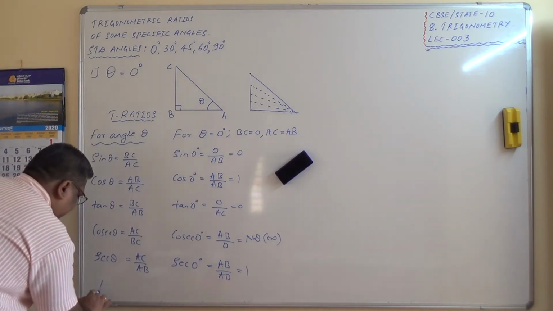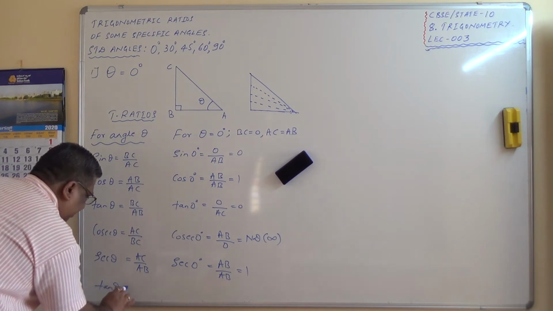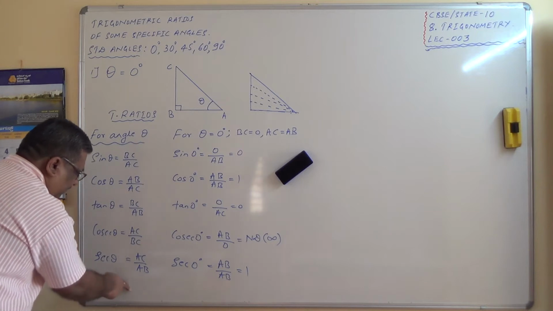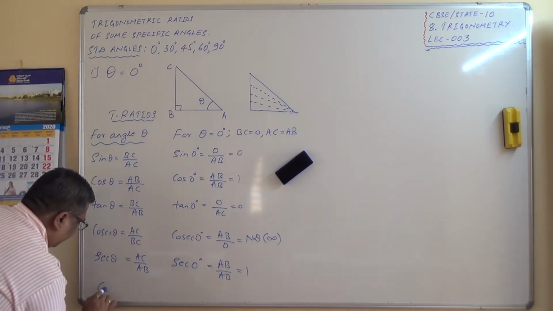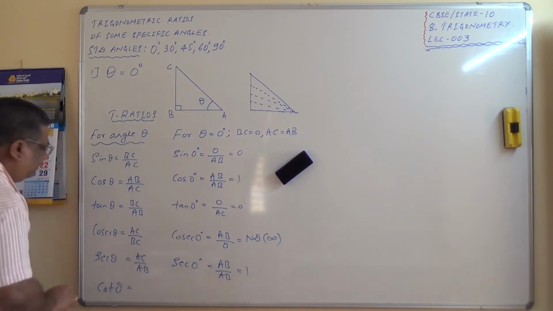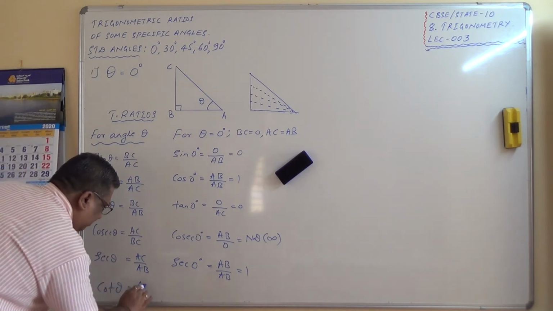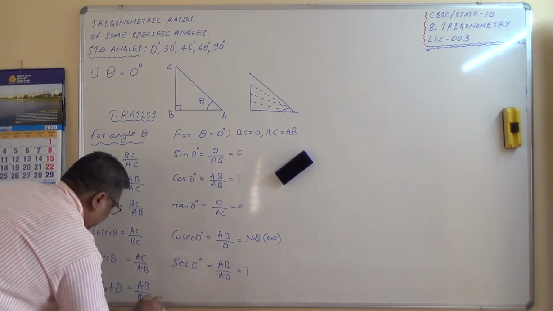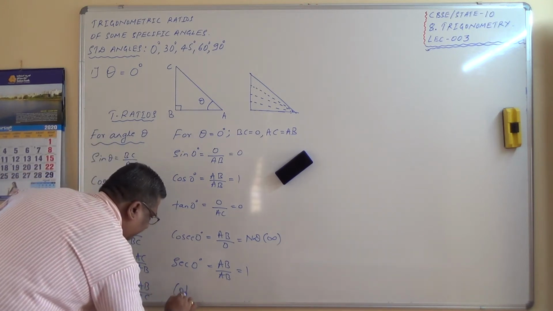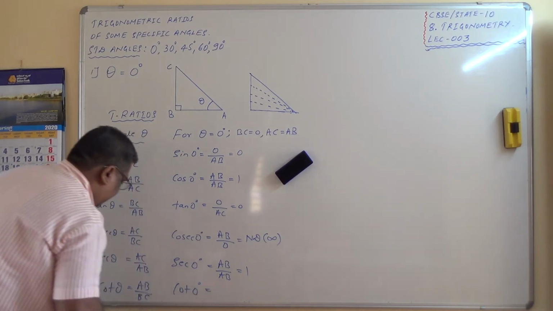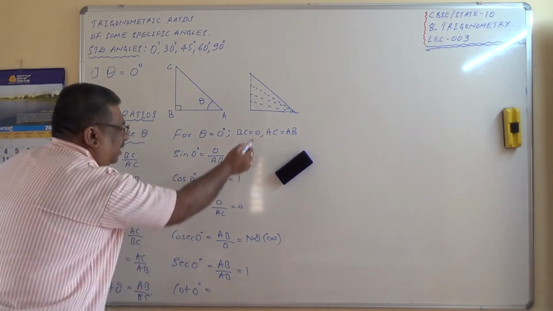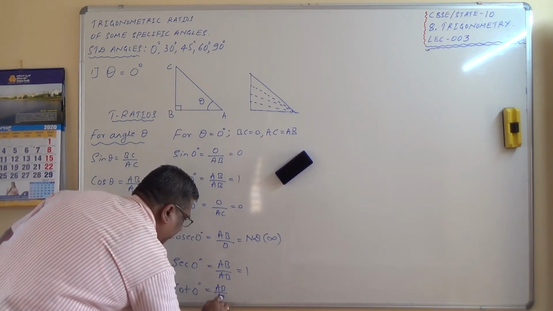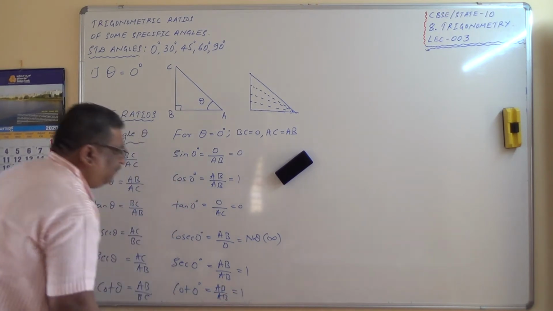And finally, not tan theta, cot theta equals the reciprocal of this, AB by BC. And cot 0 degrees is equal to AB by 0, which is not defined.